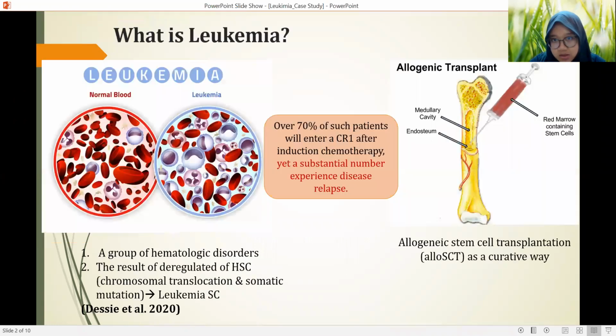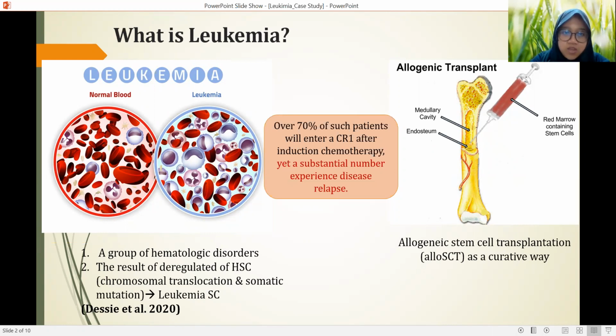Next, the first one, we're going to talk about the definition of leukemia. Leukemia is a group of hematologic disorders. As we know, leukemia happens when there is an imbalance in the ratio between the erythrocytes or red blood cells and the leukocyte cells composition.